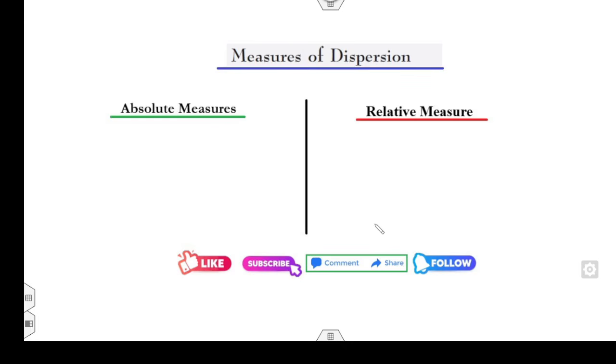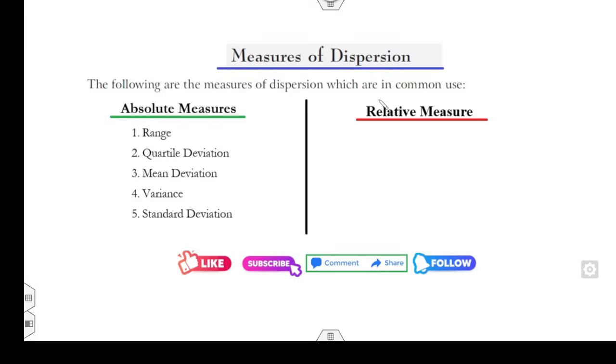What are the various kinds of measures of dispersion? We have classified them into two categories. The first one is absolute, the second is relative. The absolute measures cover the range, quartile deviation, mean deviation, variance, and the standard deviation. And all these absolute measures have their proper units. If x1, x2, x3 are all in kgs, then whatever answer you obtain must be in terms of kg.